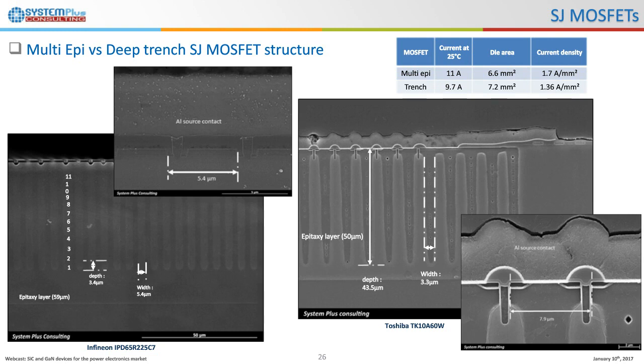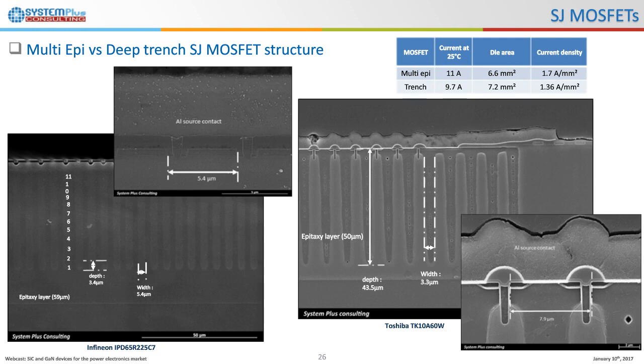And on the right, you will see the epitaxy structure of the deep trench super junction MOSFET of Toshiba. Here you still have an epitaxy, and then you have deep trench structures filled with poly silicon. So these are the two main structures that we can find on the market.